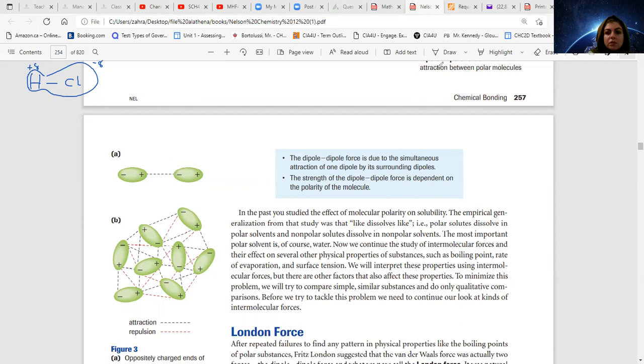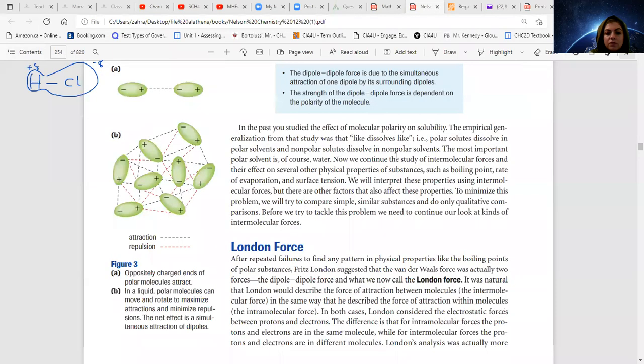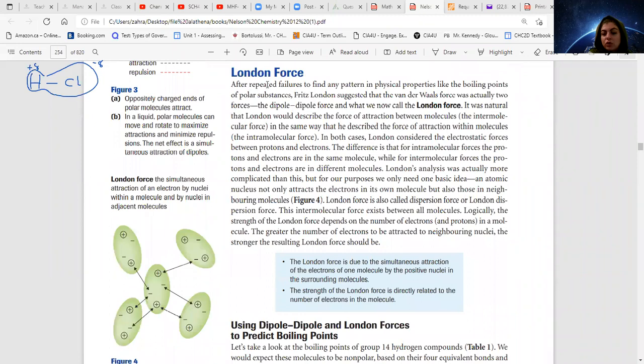Now the next intermolecular force is the London force. Any molecule has electrons and protons, right? So let's say this is a molecule with a nucleus, which just has positive charge, and electrons floating around. If you have one molecule, the positive charge, the nucleus of one molecule, attracts the electrons of the other molecule.